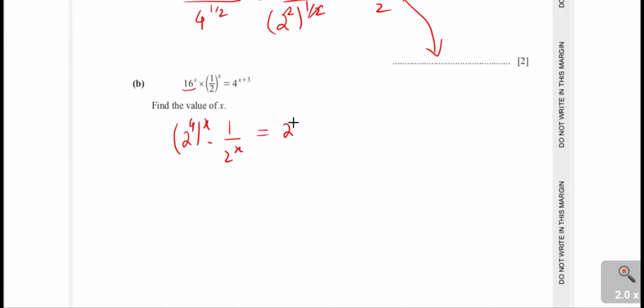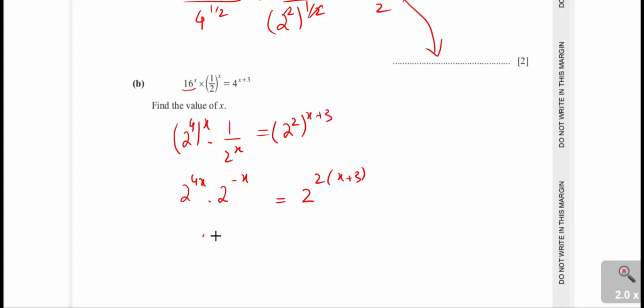We can write 4 as 2 power 2, so 2 power 2 into x plus 3. Next, we can write this as 2 power 4x, and the 1 over 2 power x we shift from denominator to numerator, so this becomes 2 power minus x. And we can write this 2 power 2 into x plus 3.